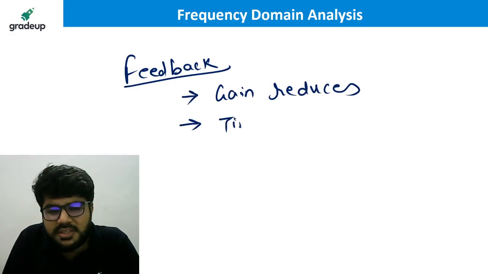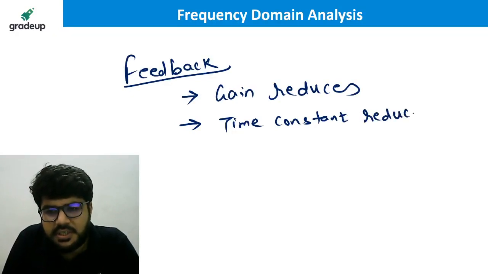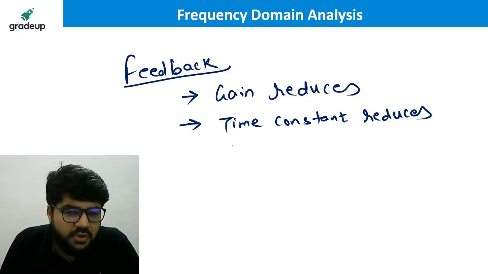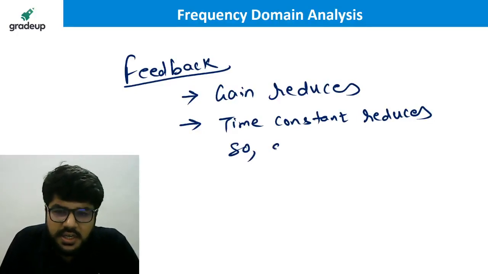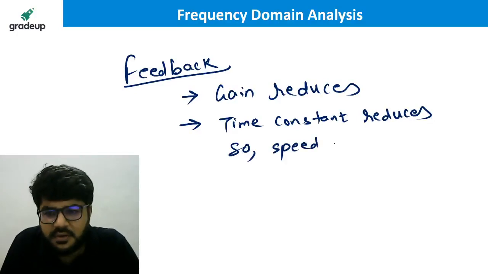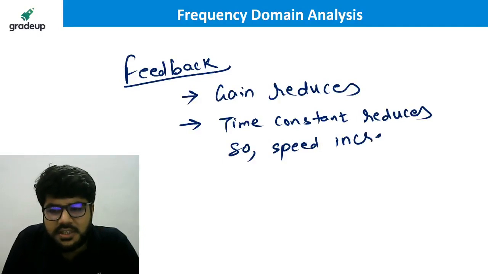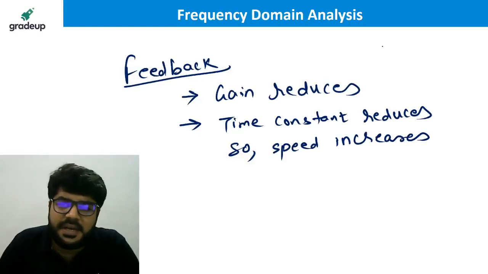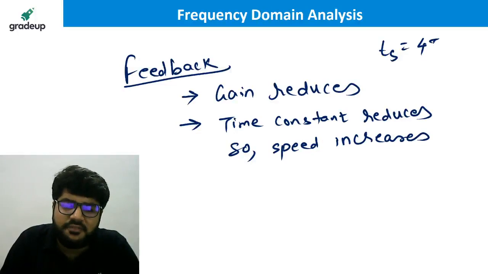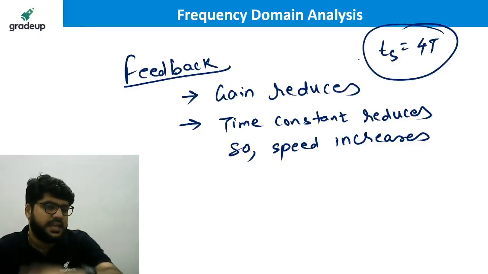Second, the time constant reduces. So speed is better, because what does speed depend on? Speed depends on settling time, and settling time for a first order control system is 4T.